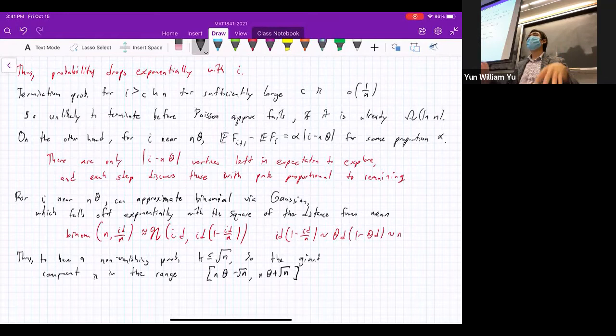And if you keep on going for long enough, that approximation fails, and you can then instead approximate it by this Gaussian distribution, because that's what the binomial turns into when you get close to the expected value. And in that regime, f_i is going to be approximately equal to its expectation n theta, in a tightly bound range of variance n around n theta.